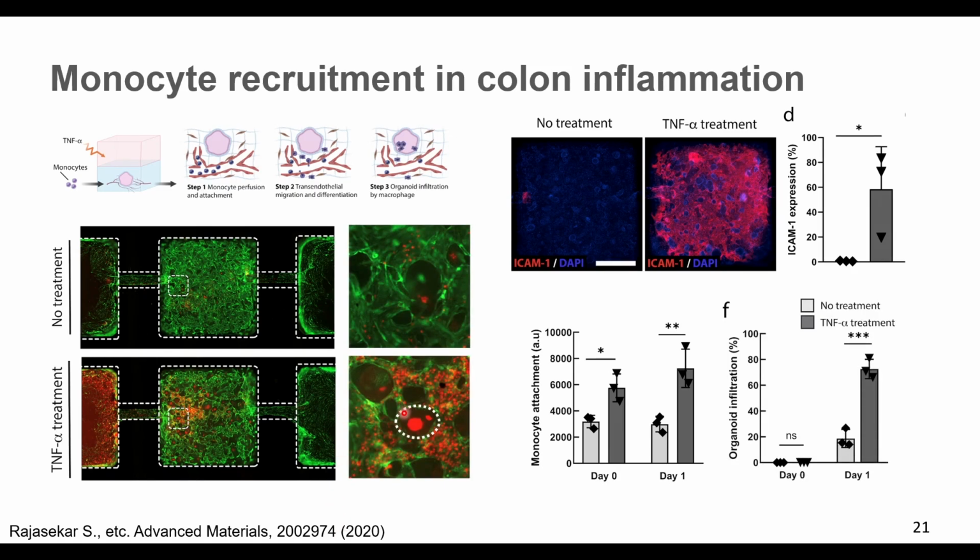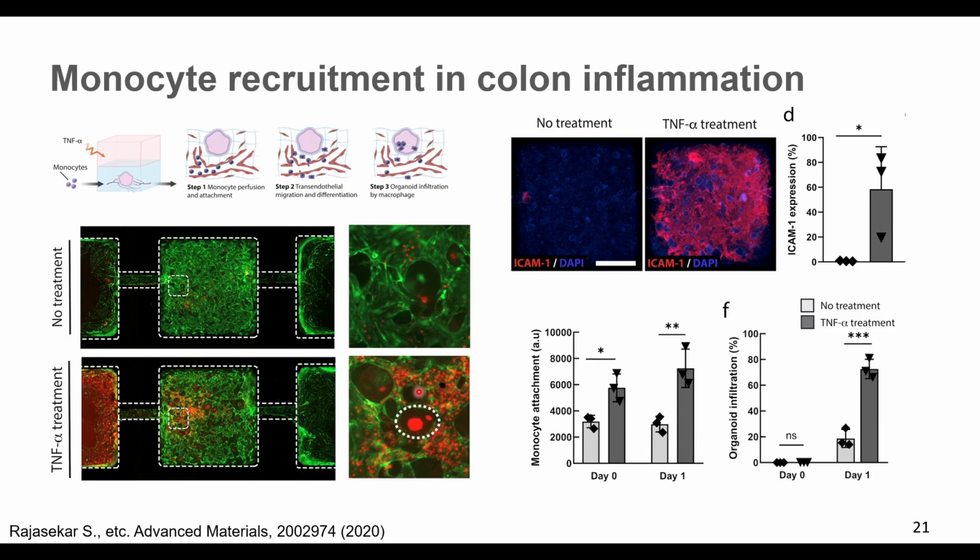They were able to migrate across the vascular barrier, aggregate inside the lumen of these colon organoids that's surrounded by these blood vessels. So what this shows is that we can use this model to model this inflammatory process that involves the recruitment of immune cells through the vascular systems.